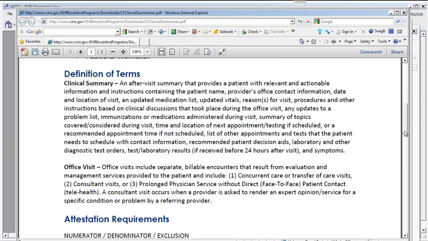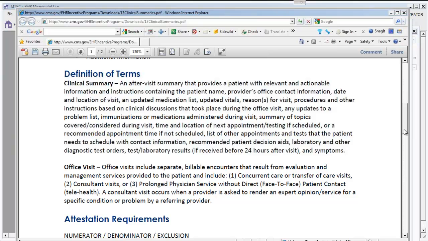It also includes such things as immunizations and medications, a summary of topics covered, as well as diagnostic test orders and results. Office visits are very straightforward. Those are just the patient encounters inside the office.